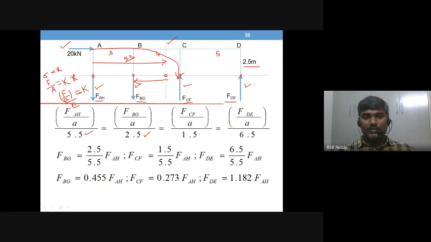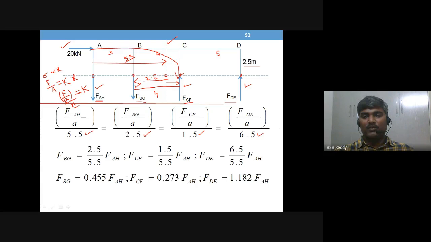Then on the right-hand side, FCF by A divided by this value, which is 4 minus 2.5, 1.5. So 1.5 plus 5, 6.5 for the last column.